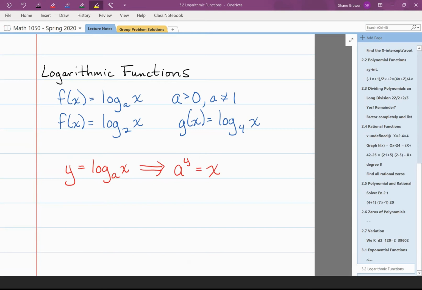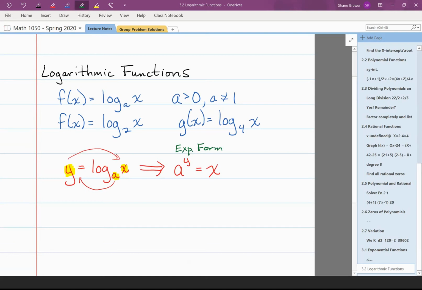So that's the relationship between those three components. a gets raised to the y equals x. We call this the exponential form because that's where we see the math, right?